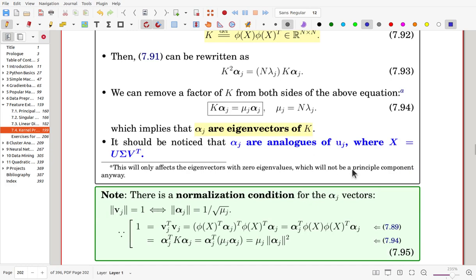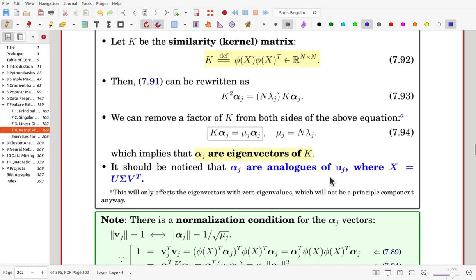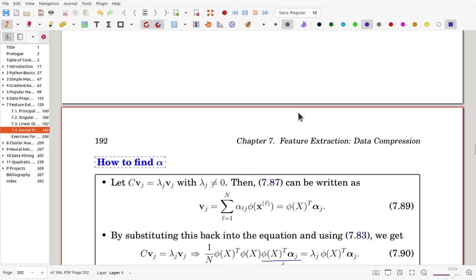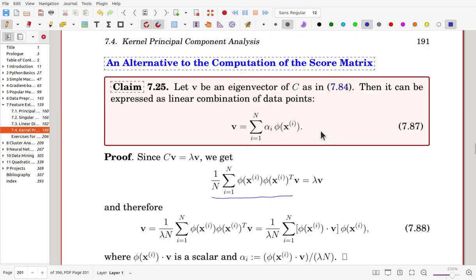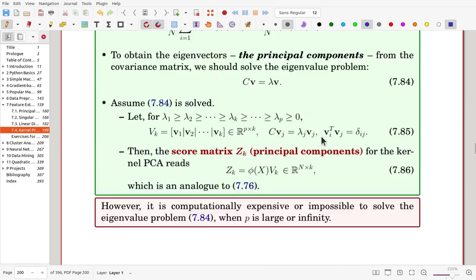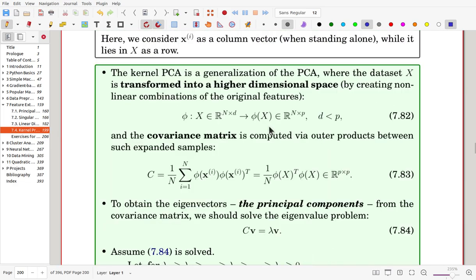Now one more thing here. K is in n by n dimensions, so the number of points n can be smaller than p. Earlier, we considered the data expansion from D to P dimension, so that P may be much larger than n.